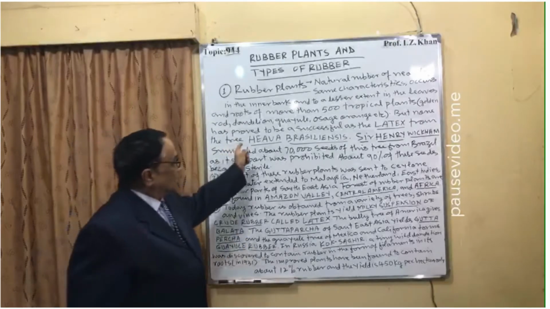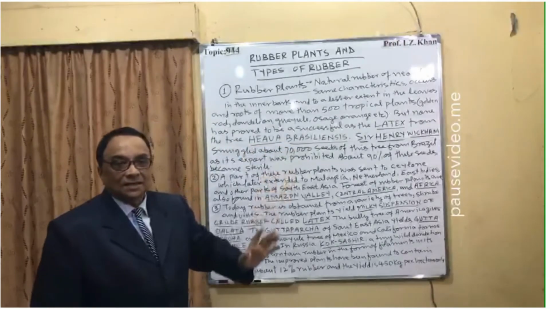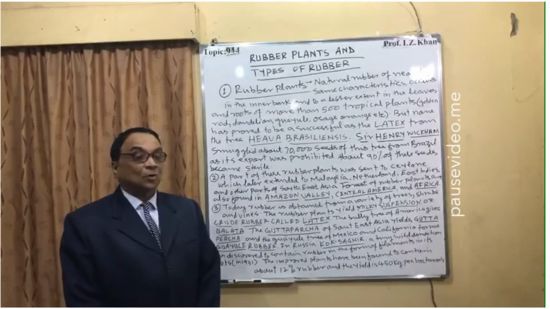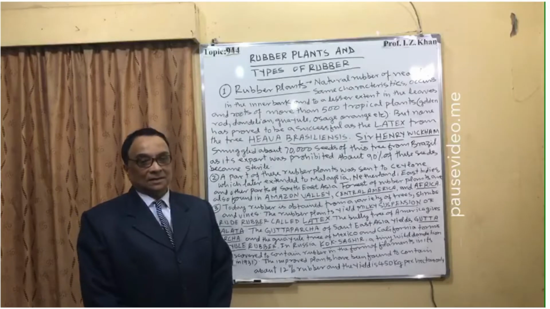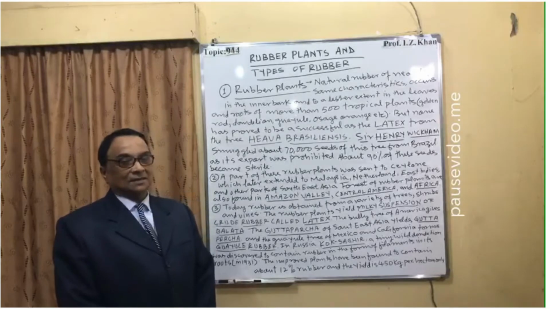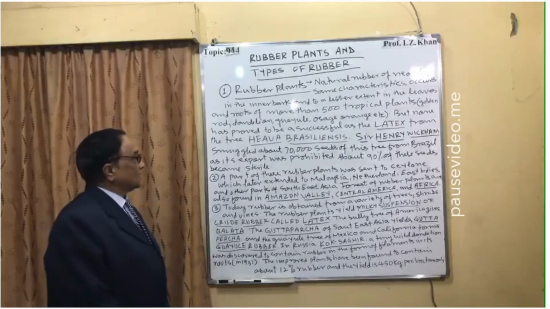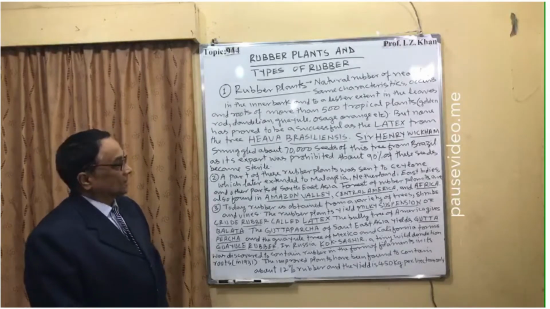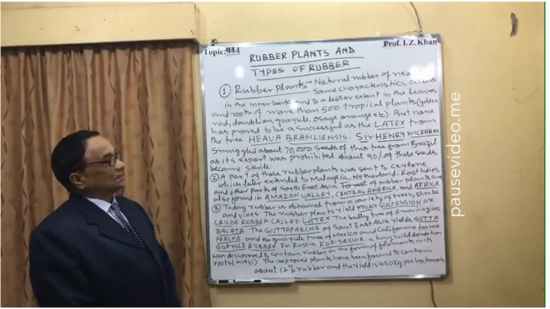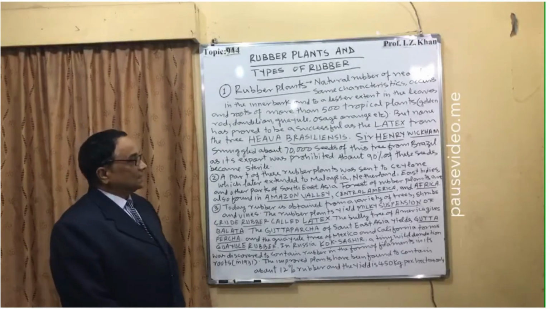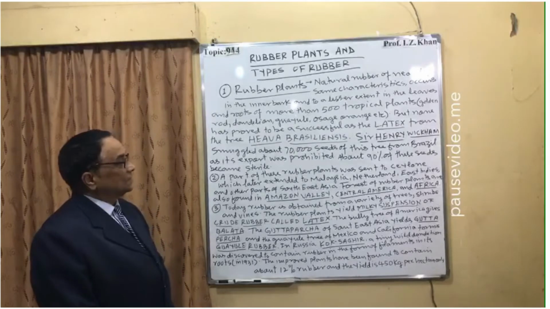So this Hevea Brasiliensis is the one globally known as the rubber tree, and more than 90% of rubber is extracted, isolated from this species of rubber plant, and it was Sir Henry Wickham who smuggled about 70,000 seeds of this tree.